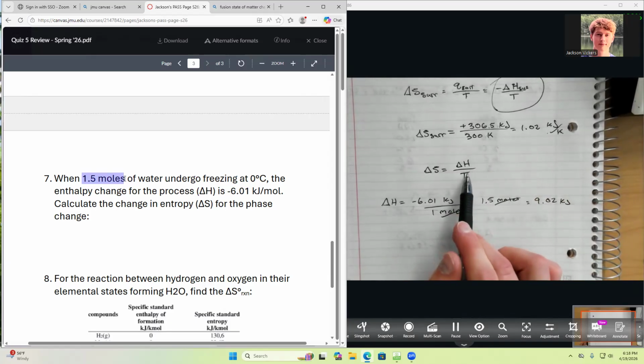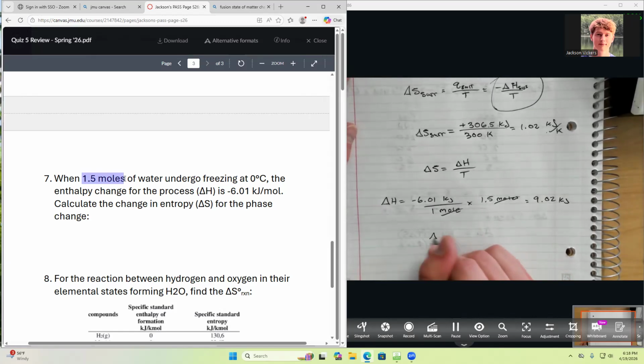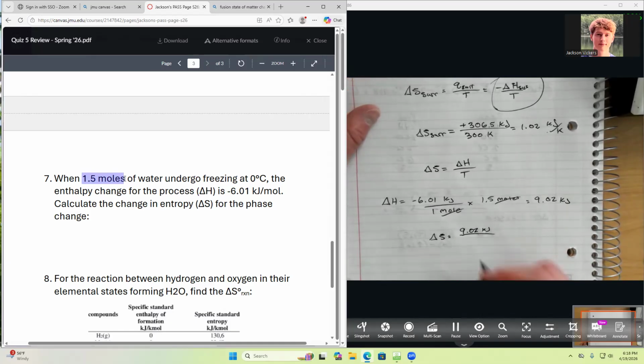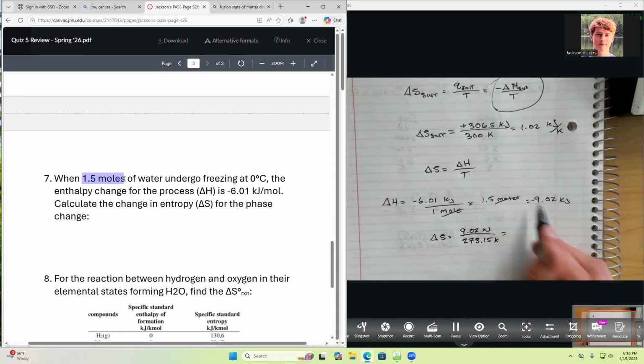That's what's going into the numerator now, over the T in Kelvin. So at 0 degrees, in Kelvin, that's 273.15. So that looks good. And I forgot about the minus sign here, sorry. There's a minus.